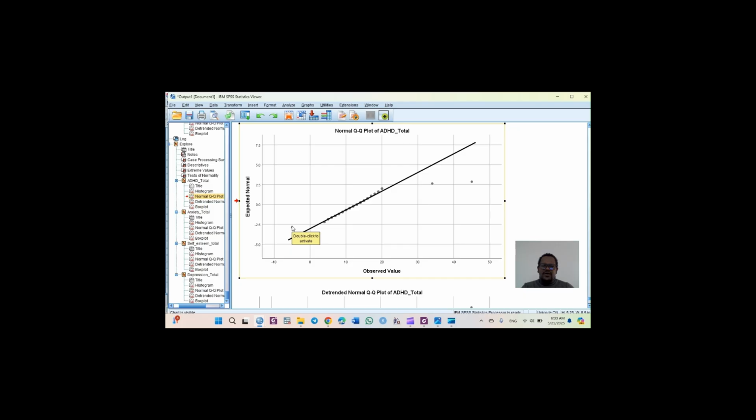It is far away on the lower side, around -4, a negative value, and in the upper right part there are 45 and 34. They are detached from the other values and far away from the normal values. So this indicates extreme values in the dataset, and you have to be careful with that.